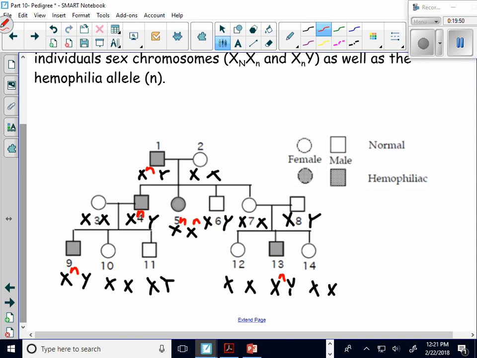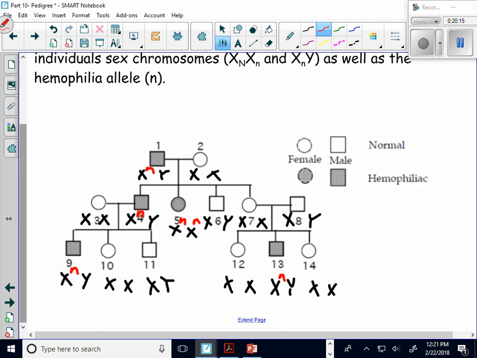Okay. Now, I need to go back and look and say, okay, what does this tell me? Does it tell me anything? Absolutely does. Anybody? Fletcher, where do you want to start? Number 3 is heterozygous.